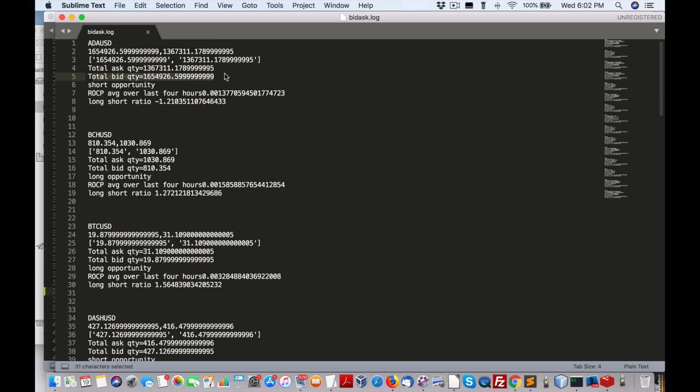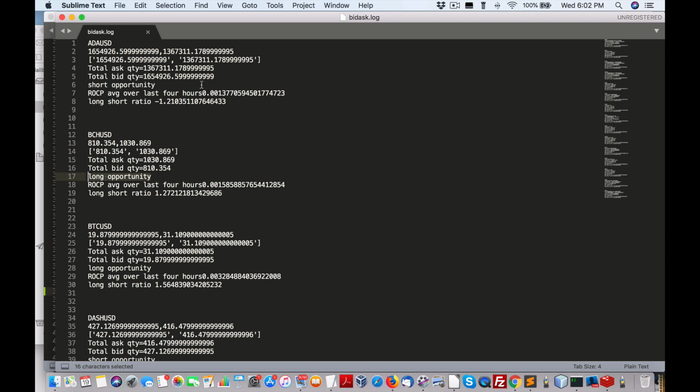As a result, when you have more ask volume than bid volume, you can confirm that the price will be driven up. And then the reverse, when there's more bid versus ask, there's going to be price driven down, so it becomes either a long or a short opportunity.